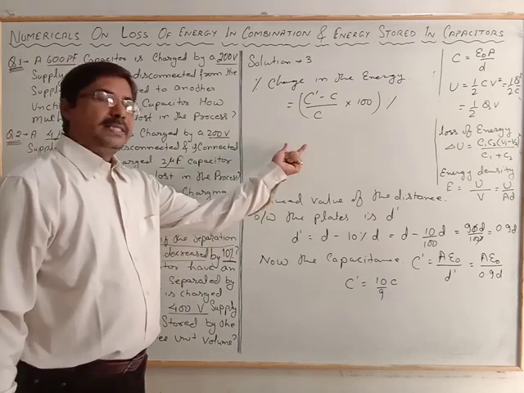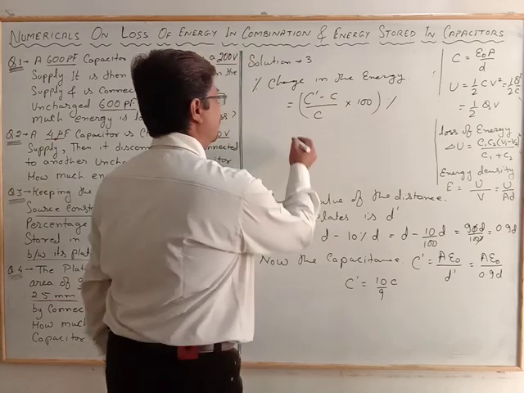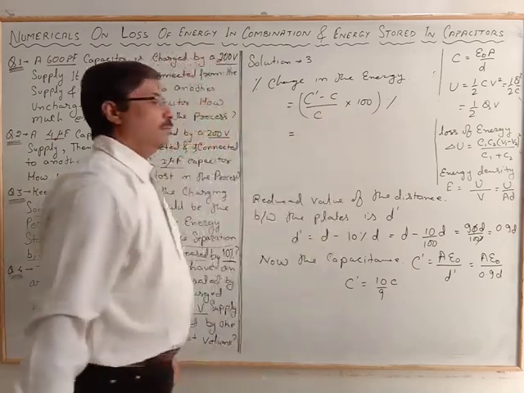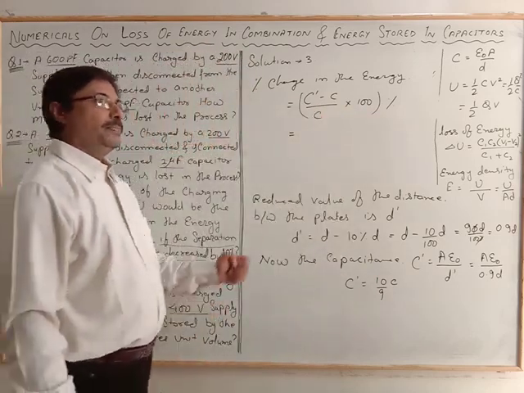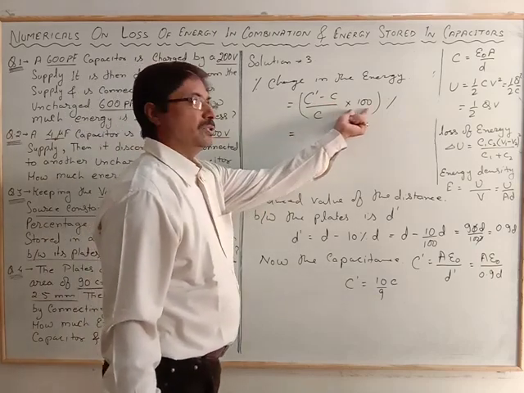So C dash minus C by C into 100, just you put the value of all this, change in the capacitance to the original capacitance into 100.